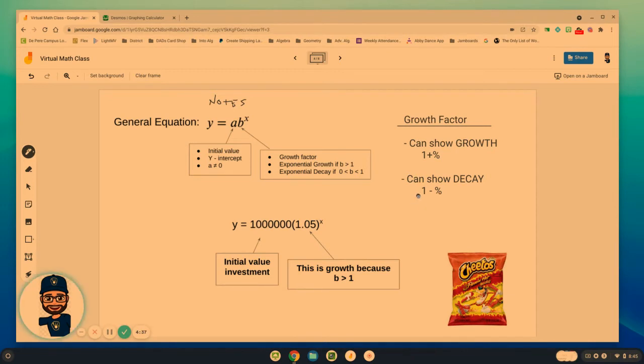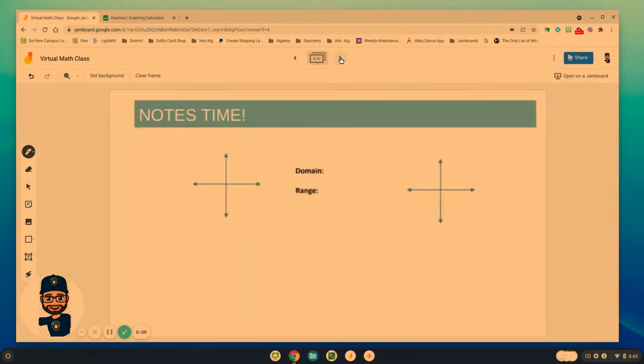If it's decay, 1 minus the percentage. But we've got to use the decimal form in here. And that'll be a key piece to remember, that you want to use that decimal form of the percent. Okay, and really we're just plugging information in, and then X represents the time, the years. That way we can measure a value of something.